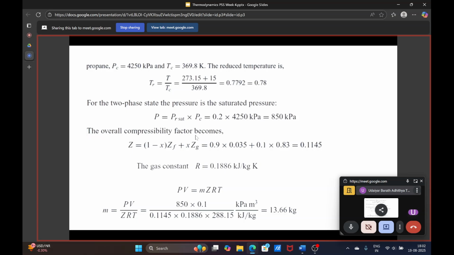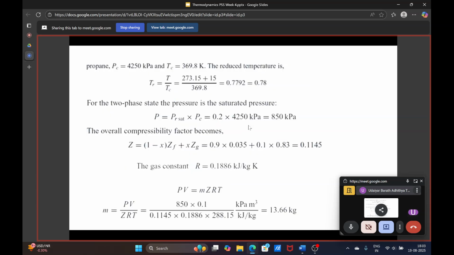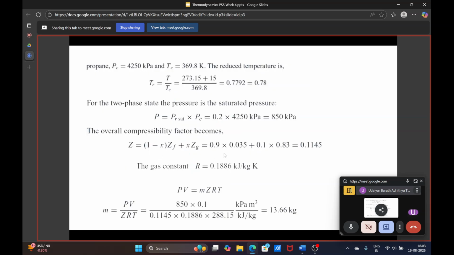With this, the overall compressibility factor Z is (1 minus x) times Z of liquid plus x times Z of gas, where x is your vapor or gaseous fraction. So this comes out to be 0.9 times 0.035 plus 0.1 times 0.83, which gives you 0.1145.